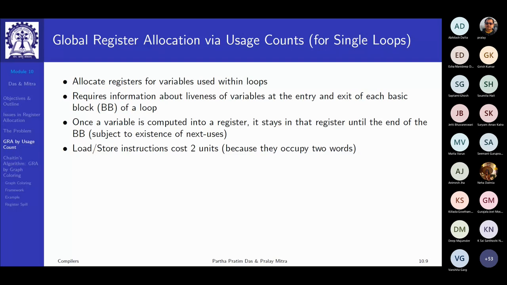So load store instructions have 1 unit for the instruction and 1 unit for the address. So at least 2 units of cost will be there in the load store. So you assume that load store instructions have a cost of 2 units. You can make it more sophisticated, but this is just a rudimentary simple algorithm which gives you a quick result.